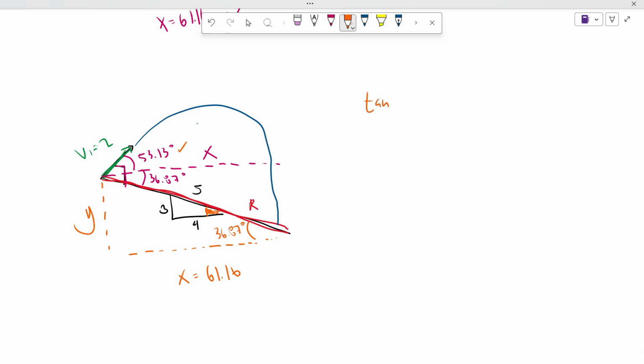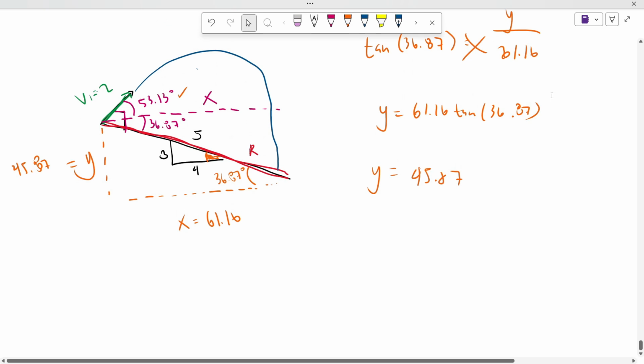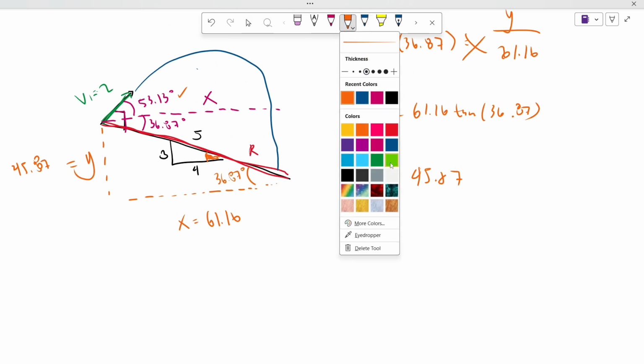How do we get the value of y? Y is the opposite and 61.16 is the adjacent, so we cross multiply: y equals 61.16 times tangent of 36.87. Inserting it in the calculator, the value of y is 45.87. So we now have the value of y, 45.87.